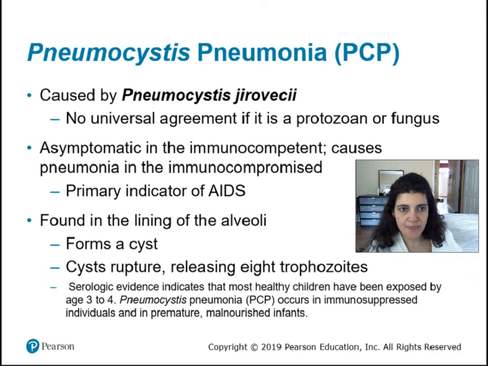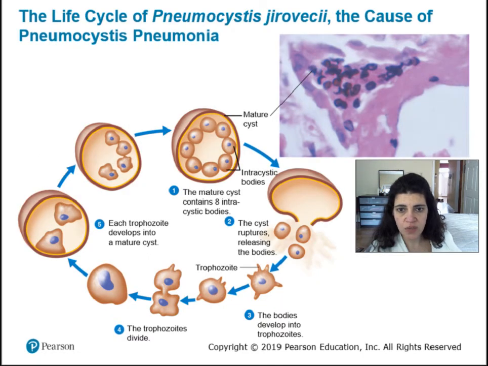Next and last disease, Pneumocystis pneumonia, caused by Pneumocystis jirovecii, and this fungus is sometimes confused with a protozoan because the way it grows looks like a protozoan. Let me show you. See, that's how they look. They have a type of structure that looks like a cyst, with all these little bodies inside, and this cyst ruptures and releases these little bodies, which are considered to be trophozoites.